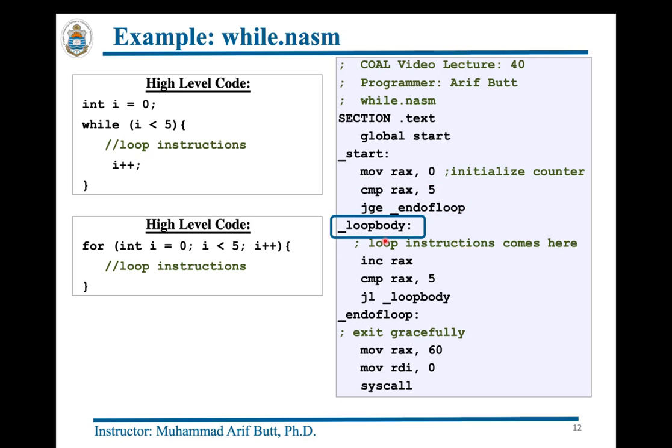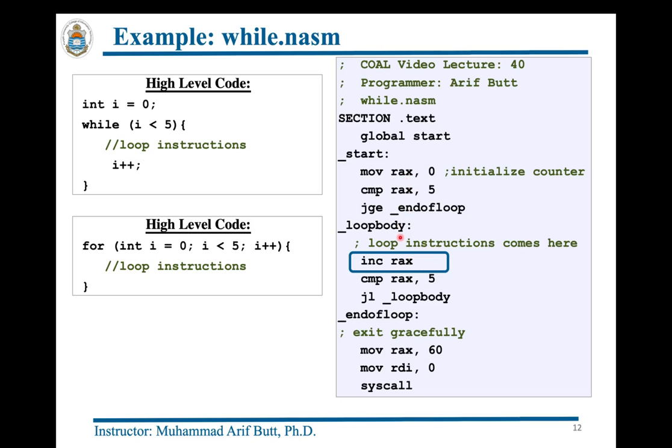This label represents the start of the loop body. The loop instructions come over here. For simplicity, once again I have kept no instructions inside the loop body. Once the loop instructions execute, this increment instruction increments the loop counter. Well, dear students, you can use a decrement instruction as well, in which case you will initialize RAX with 5 instead of 0.